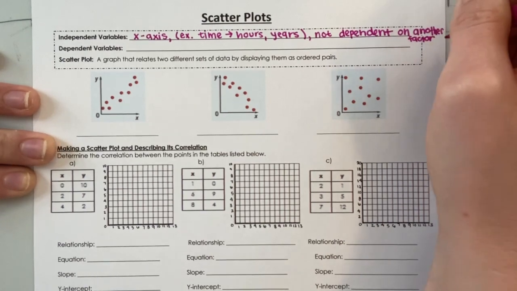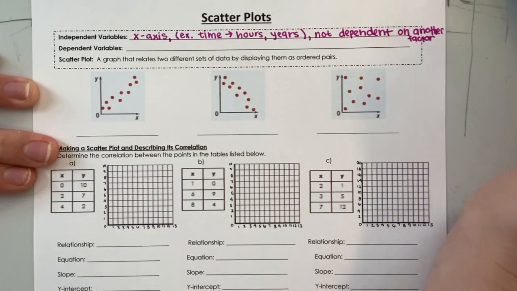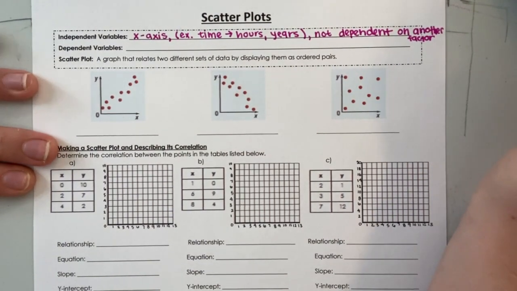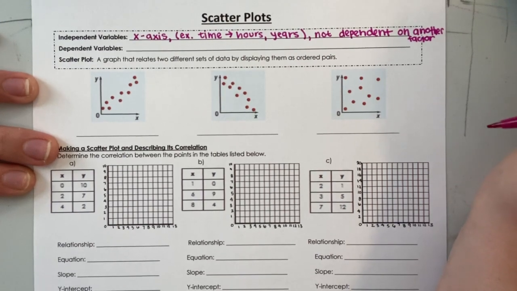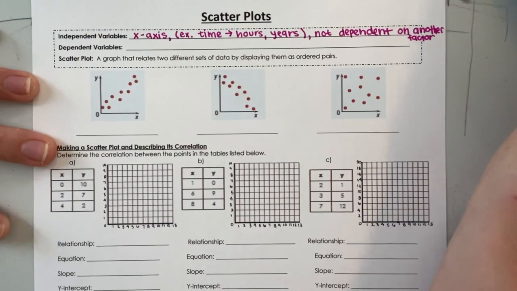This is why time is the perfect independent variable, because time is going to pass. It's just going to occur, and things might happen during the time, but time is not waiting on something else to change. It changes on its own.